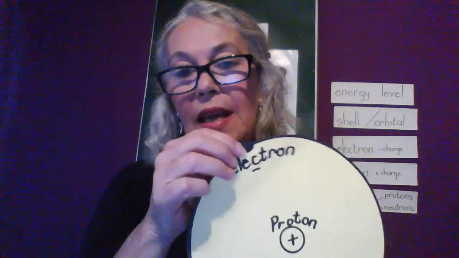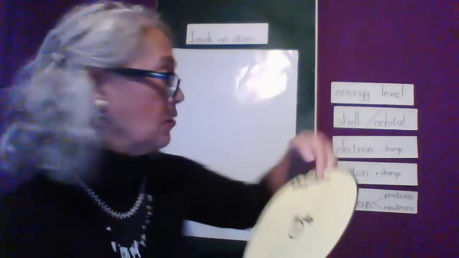It doesn't only go around this way. Right. So I'm just going to explain it like this to you. Remember this dark line that you see here is the path or the orbital or the energy level where this electron is moving around the proton, right?